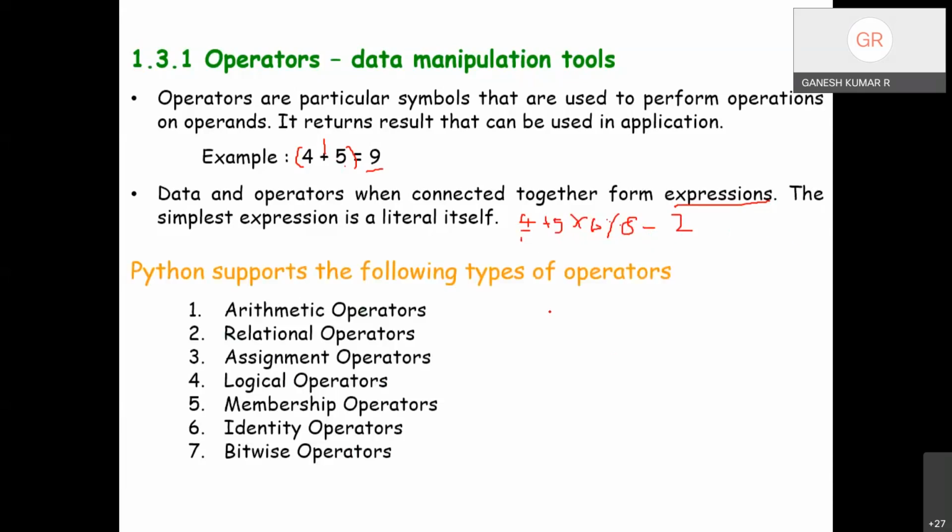We have 7 kinds of operators, all listed in the slide: arithmetic operators, relational operators, assignment operators, logical operators, membership operators, identity operators, and bitwise operators.